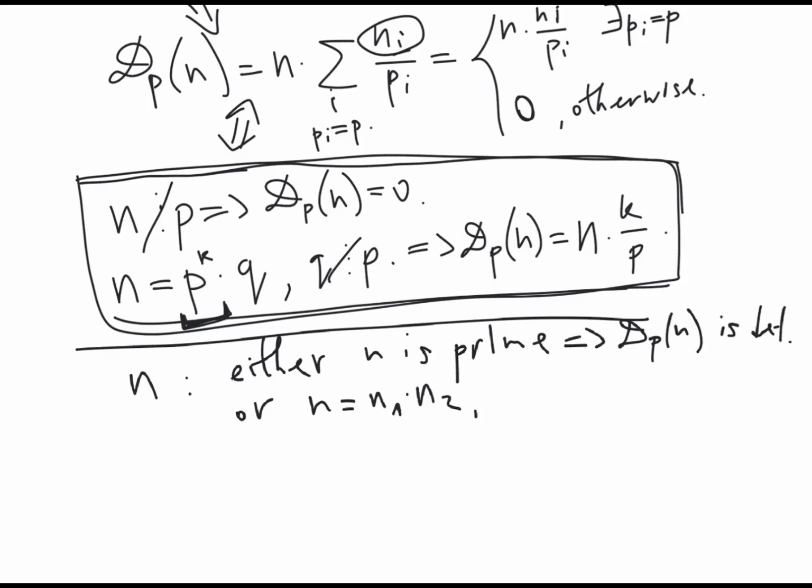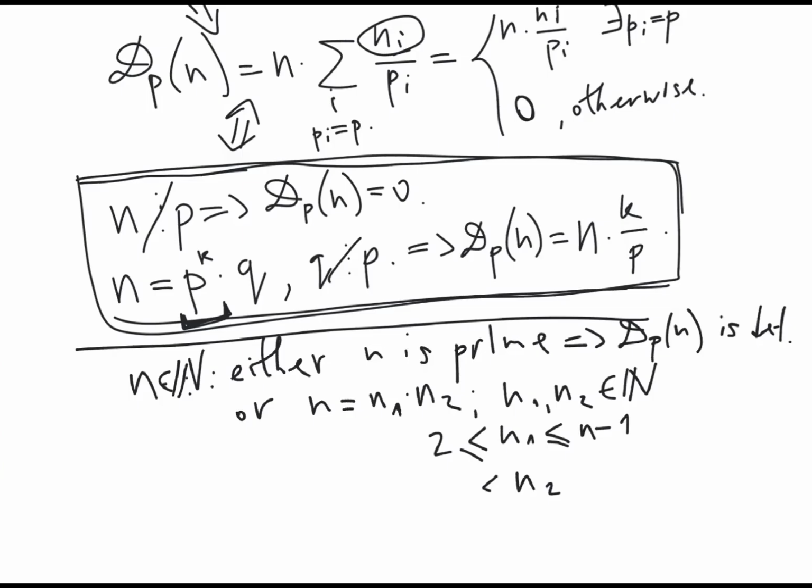Both n1 and n2 are natural, of course, and n is also natural here. And n1 is strictly between 2 and n minus 1, so it's strictly less than n, and n2 is also from 2 to n minus 1.